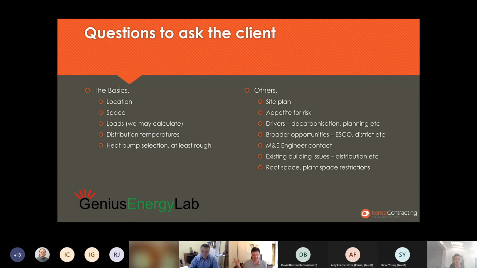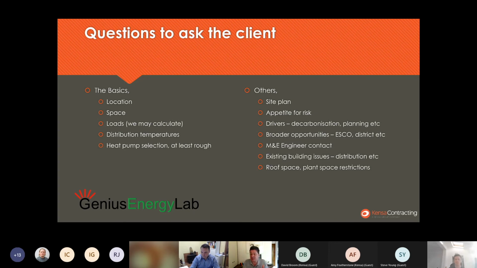And then other useful stuff to understand, both from the point of view of design and from the point of view of selling the job. Site plan is always very useful. What's the client's appetite for risk? So some clients will just rule out open loop entirely. And again, I'm going to talk about the risks associated with open loop in a future session. What are the drivers? And this is really fascinating in the policy world at the moment.